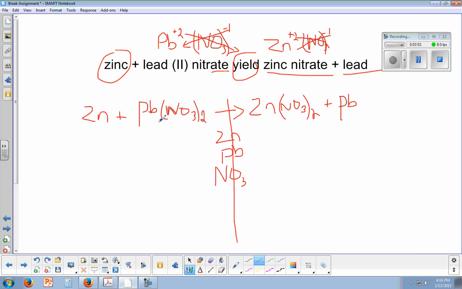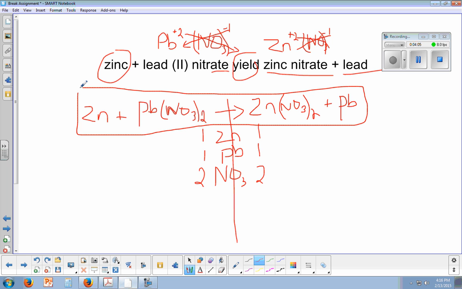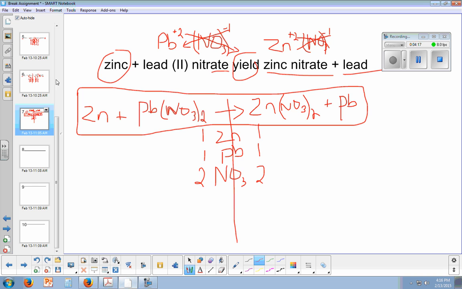So 1 zinc, 1 lead, 2 nitrate, 1 zinc, 1 lead, 1 nitrate. So this is actually already balanced. So my answer would be this. Zinc plus lead nitrate produces zinc nitrate plus lead is going to be completely balanced with all subscripts of 1. So that was the first one.